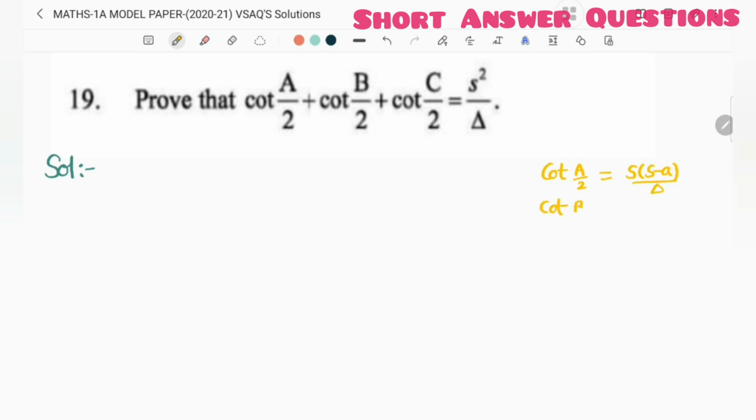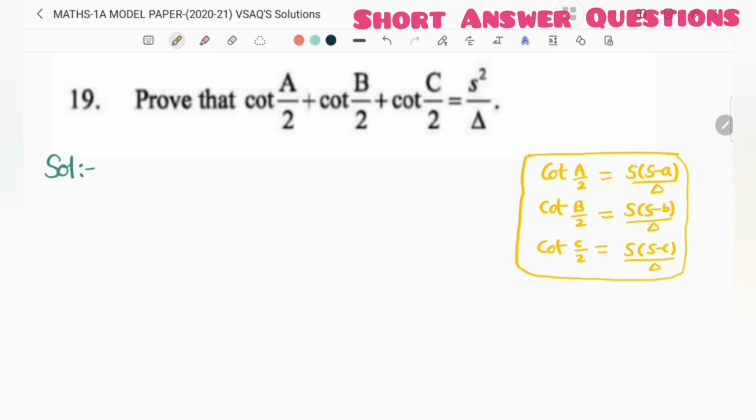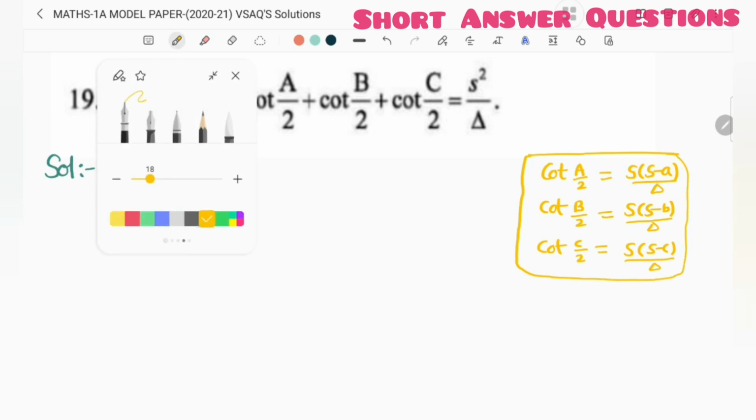Similarly, cot B by 2 is equal to S into S minus B by delta. Cot C by 2 is equal to S into S minus C by delta. These are the formulas from properties of triangles. There are a number of formulas in properties of triangles, dear students. Keep them in mind and practice.